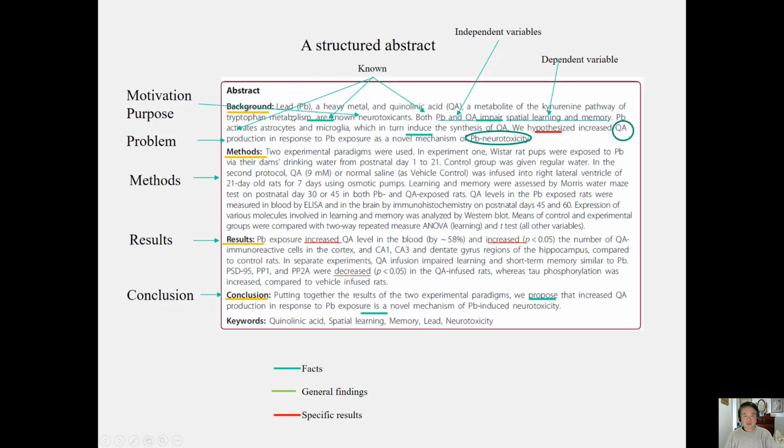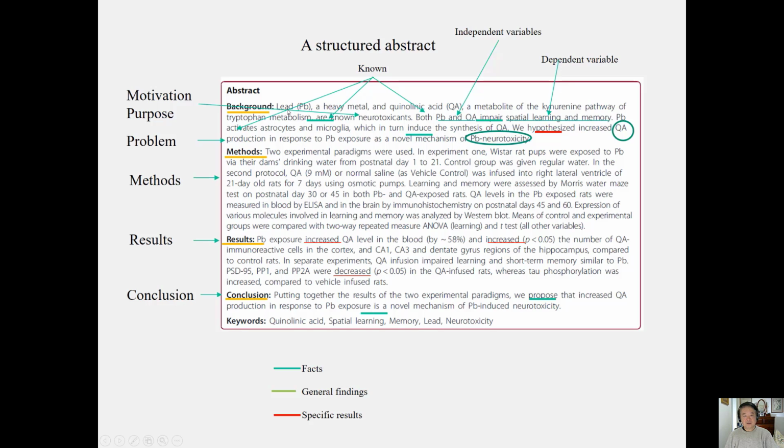So in the background, as we have said, you have two main points to bring out. Number one is the motivation and the purpose. For this paper, this tells you what is already known.